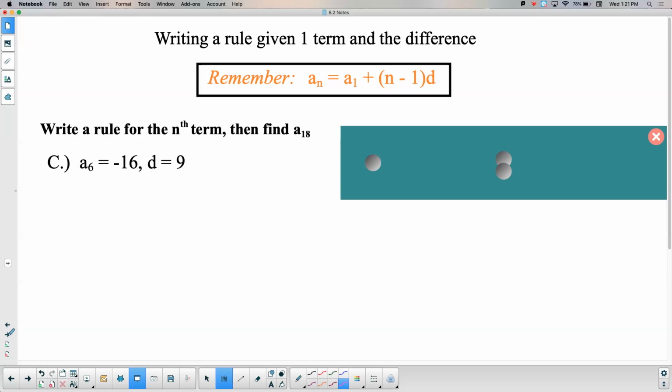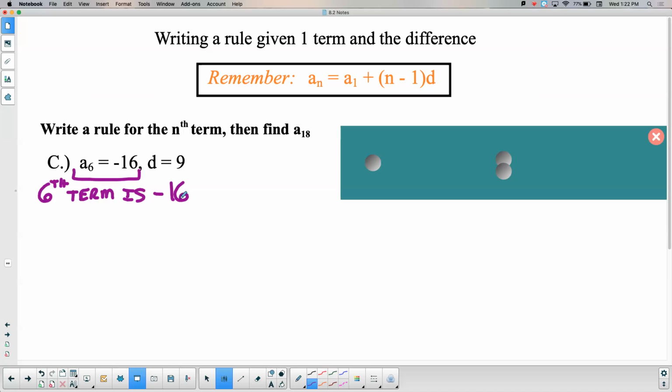Okay? And so then from that, utilizing the rule, you know that your sixth term, what this is saying right here, is that the sixth term is negative 16.